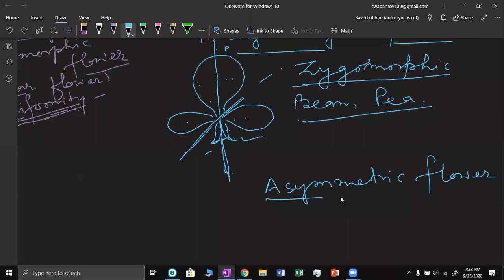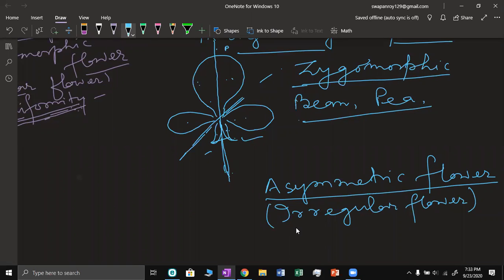These asymmetric flowers are very irregular. They are also known as irregular flowers because their floral parts, the petals or the sepals or the androecium, differ in shape, size, color, etc., and do not match one with the other.